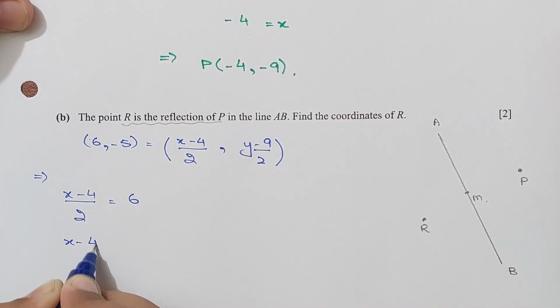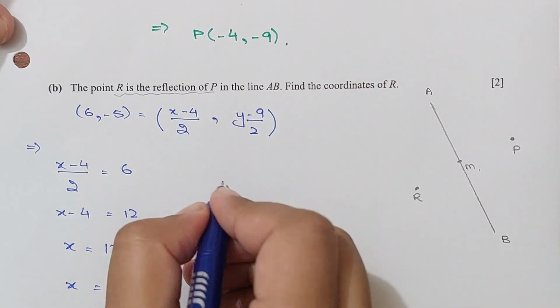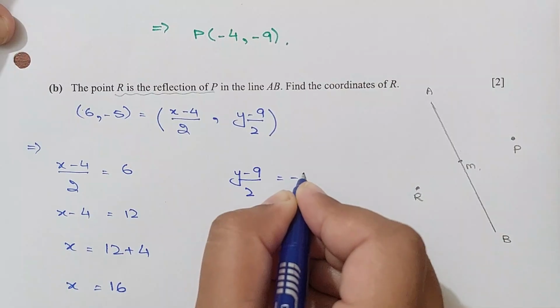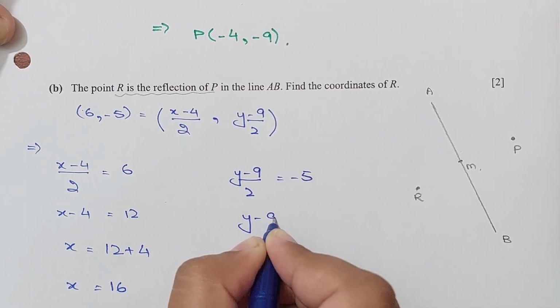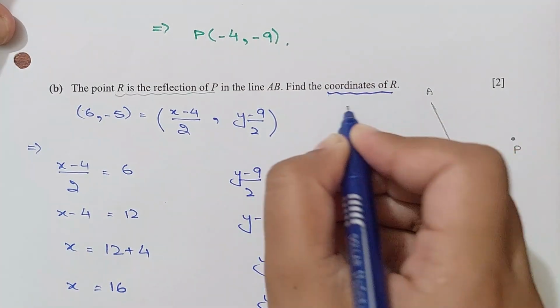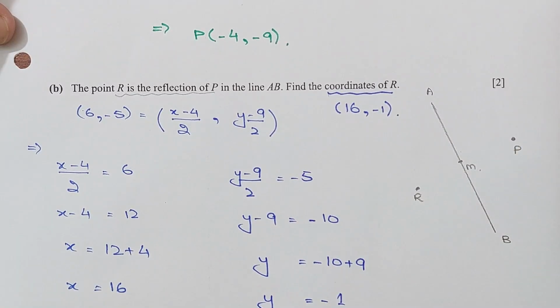And x minus 4 equals 2 times 6, which is 12, and x equals 12 plus 4, so x would be equal to 16, right? Now for y, y minus 9 divided by 2 equals minus 5, so y minus 9 equals 2 times negative 5, which is negative 10, y equals minus 10 plus 9, so y equals negative 1. So we can say the coordinates of point R, x is 16 and y is negative 1, right?